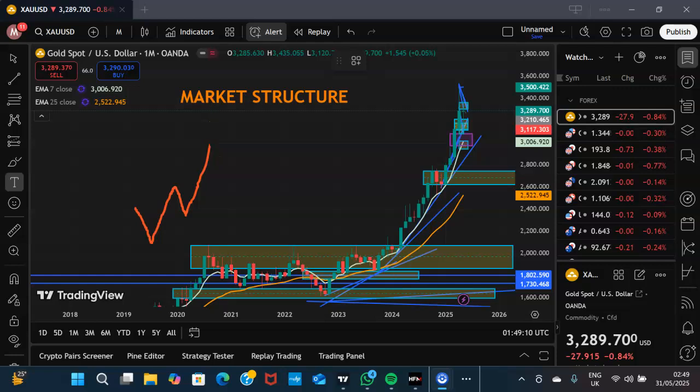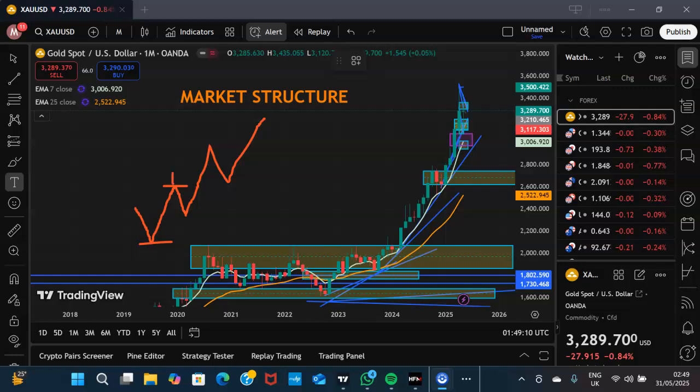Now, for every chart, when you are able to connect your lows and your highs, this is what we refer to as an uptrend.